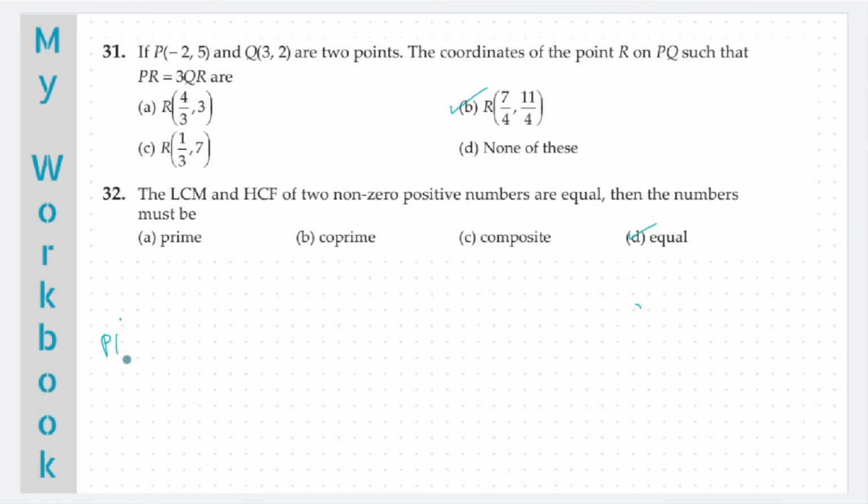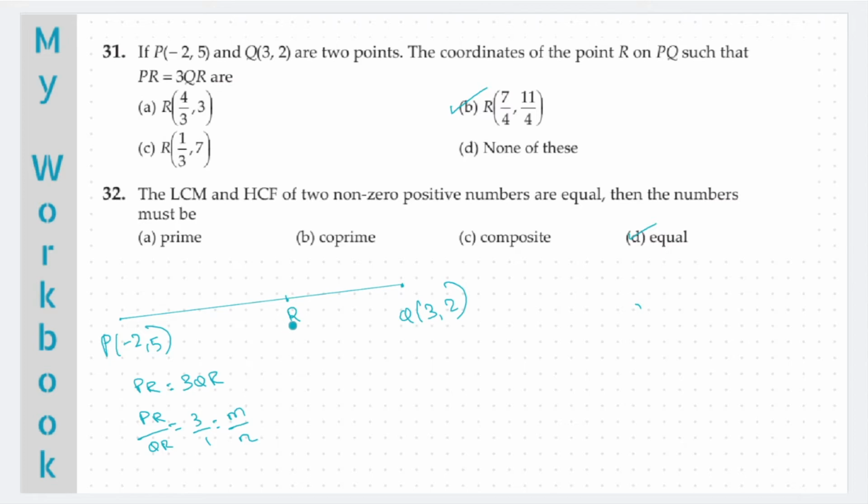Point P's coordinate is minus 2, 5 and point Q's coordinate is 3, 2. So we have a line segment PQ. We need to find a point R on this segment such that PR is equal to 3QR. So what will be the ratio PR by QR? It will be 3 by 1, which we generally assume as m is to n.